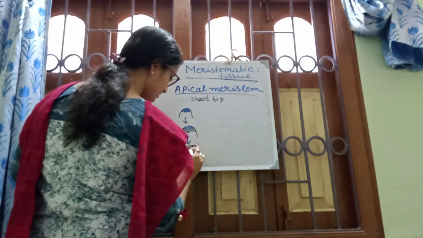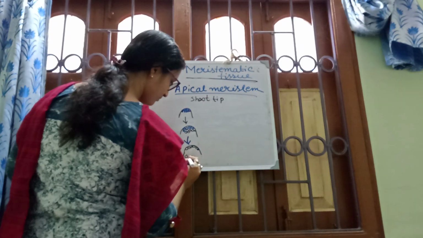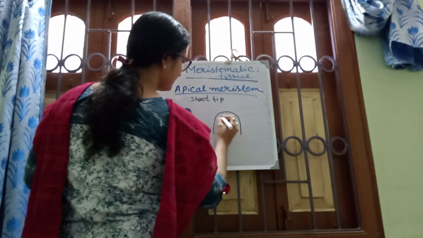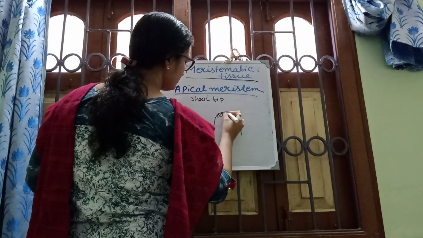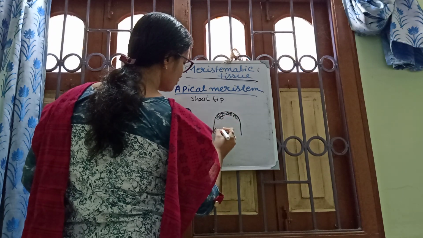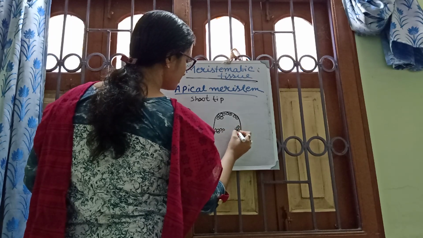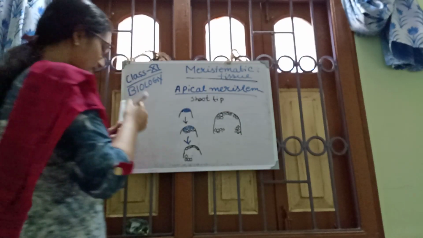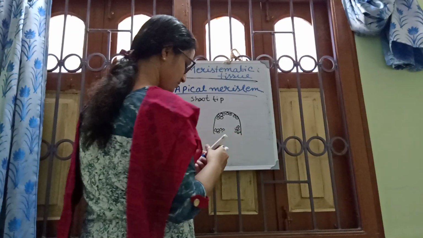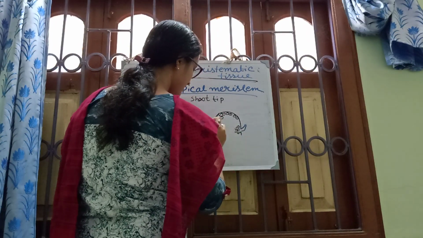I am drawing here: these are all meristematic tissue. Some tissue got separated from the origin, and after that a lip-like structure is formed.